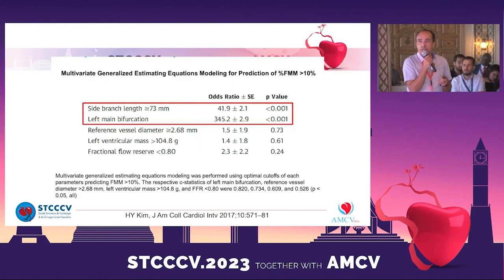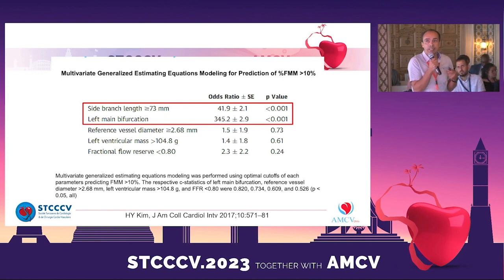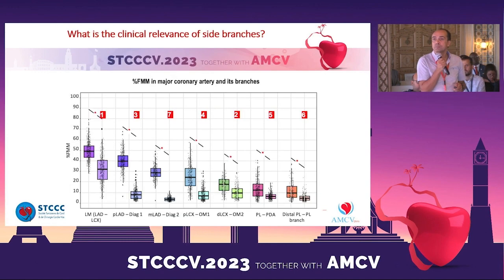In the multivariate analysis, only a side branch length of more than 73 millimeters and the left main bifurcation are predictors of a large area of ischemia. So they need revascularization. But if we have a branch that does not exceed 70 millimeters, I think there is no benefit to revascularize this side branch.